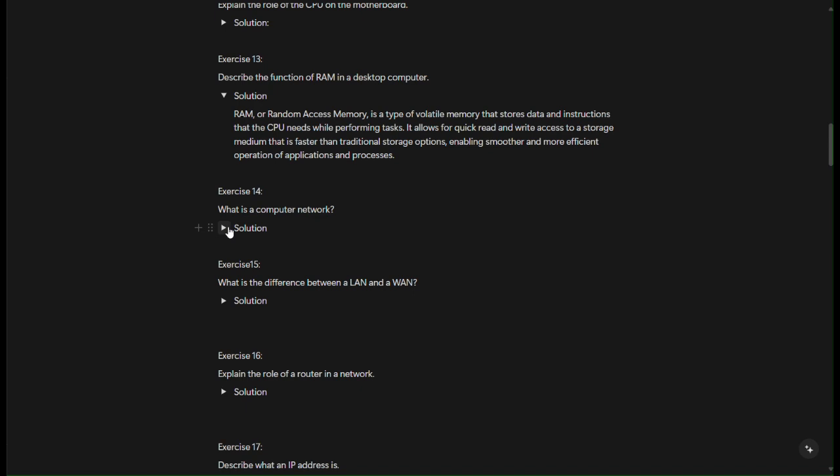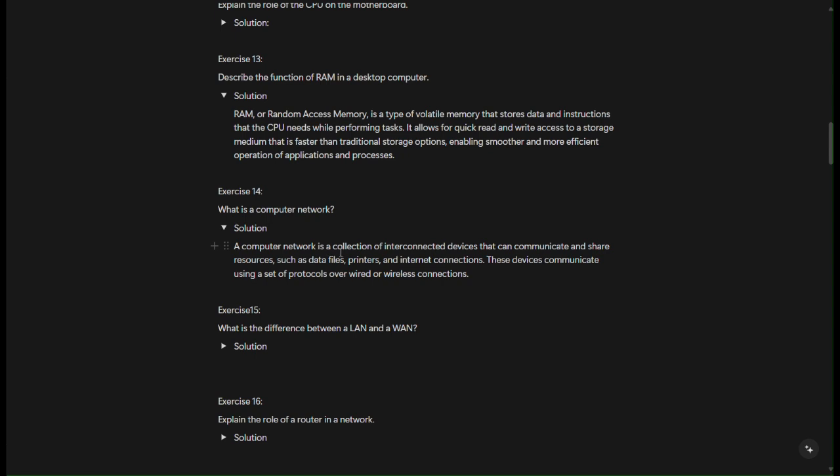For example, in a department, we have 10 computers. These computers communicate between them. For example, if I need to print something, I connect my computer to the printer. This is the importance of the computer network.